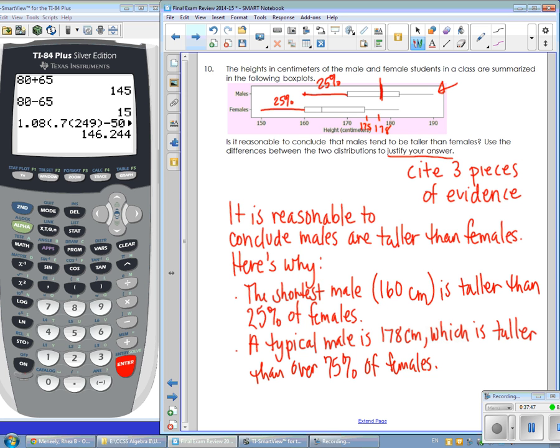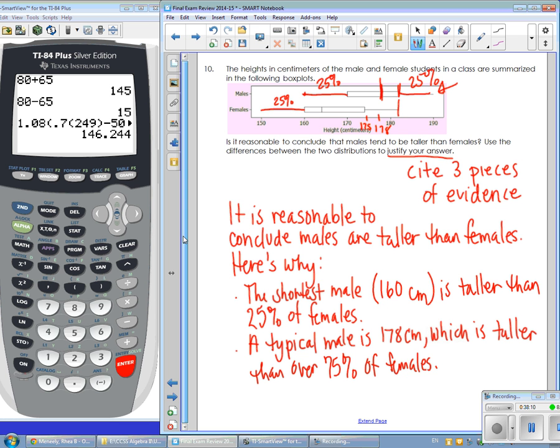Okay. And the next thing I notice, and you can use different measures, I'm just kind of going in order. The next thing I notice is the 3rd quartile for men is the same as the maximum height for women. So basically 25% of the men are taller than 100% of the women.